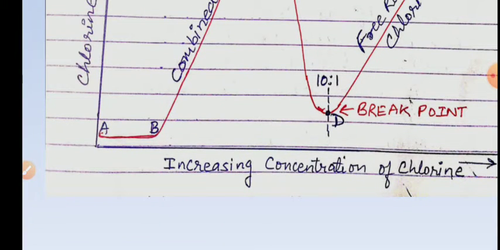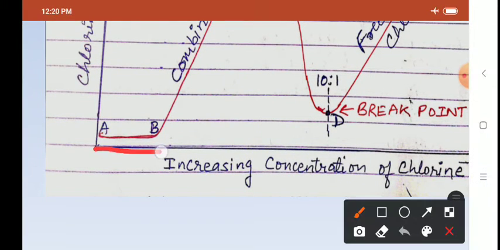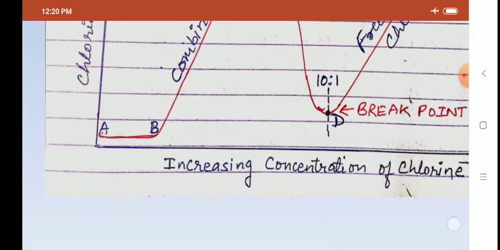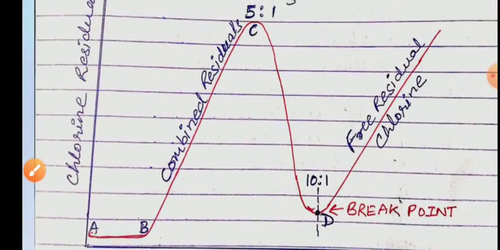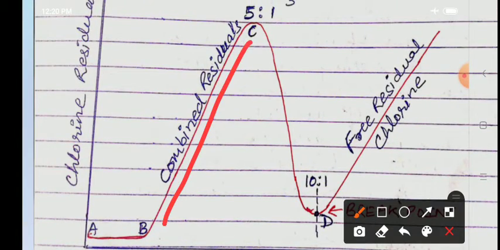So that point is called the break point. Okay. So initially AB, chlorine is utilized. And then BC, the combined residuals go on increasing till they reach the highest ratio of 5:1, and then suddenly destruction of chloroorganic compounds and chloramines takes place, and hence the residual chlorine almost approaches zero.